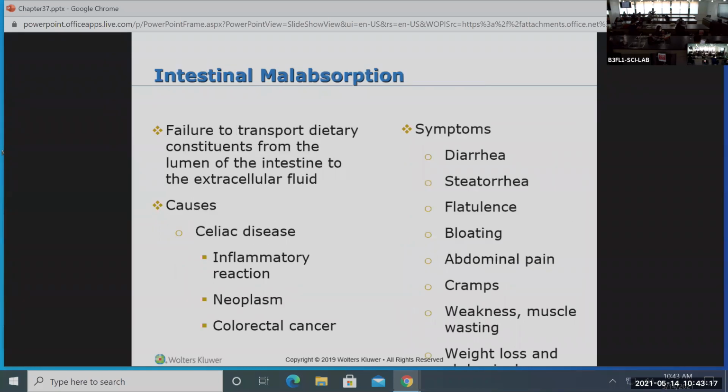Okay. Now, intestinal malabsorption. Now look at that. Failure to transport dietary constituents from the lumen of the intestine to the extracellular fluid.